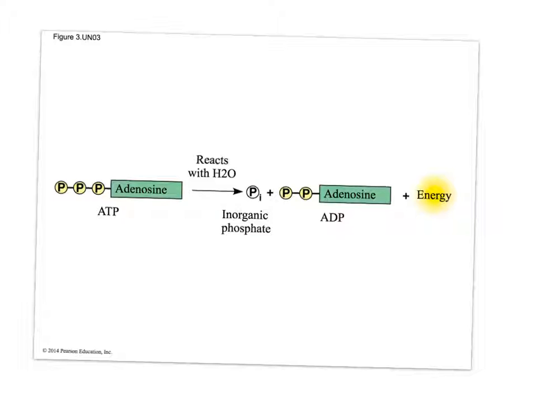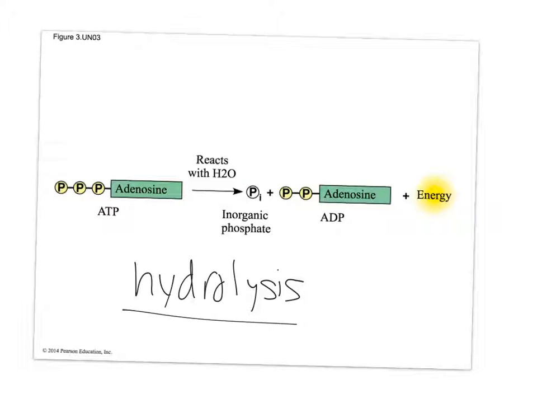This is a reaction called hydrolysis. Did we talk about that? No, not yet. We will. How we build things up and break them down. We'll talk about the reactions that we use to build things up, dehydration synthesis, and how we break them down, hydrolysis reactions.